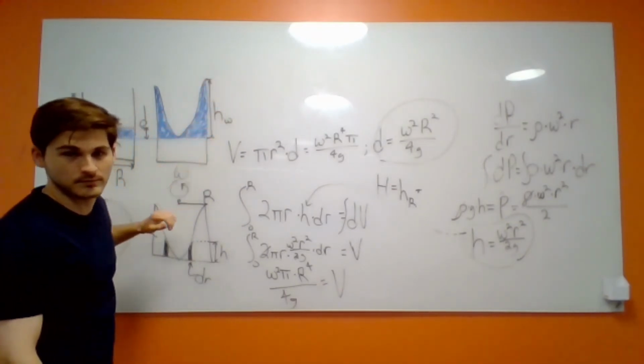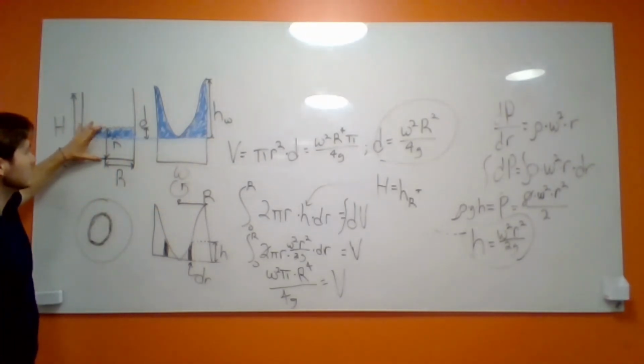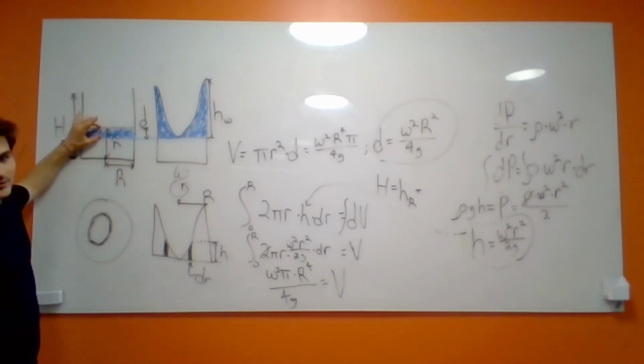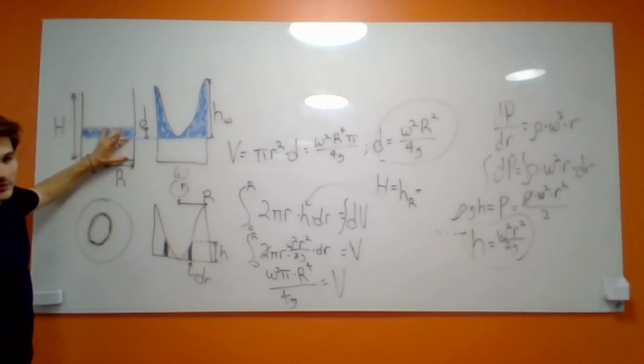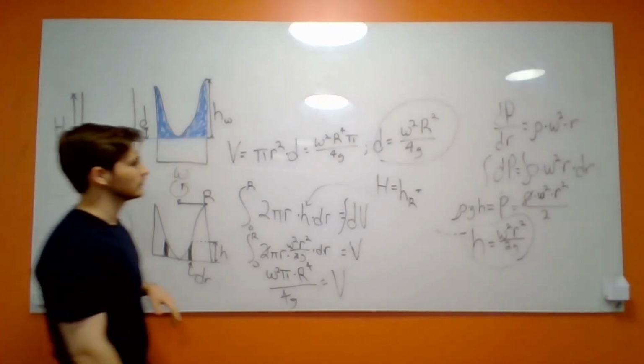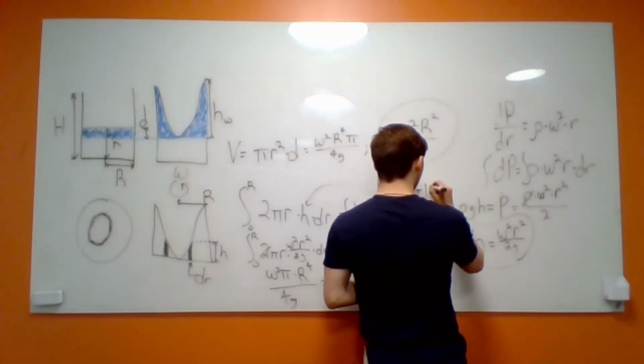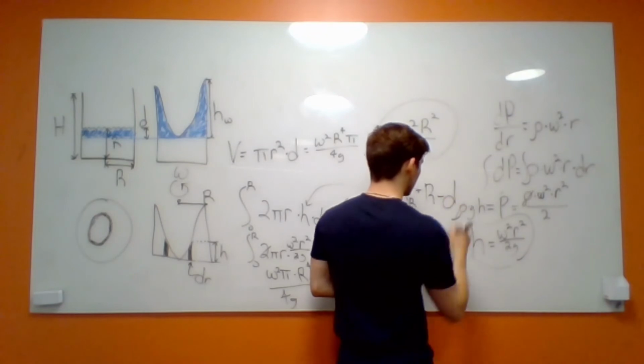Well, what is this segment? This segment is just the difference between r and d, right? So if we take r and subtract d, we'll get this segment, right? So plus r minus d.